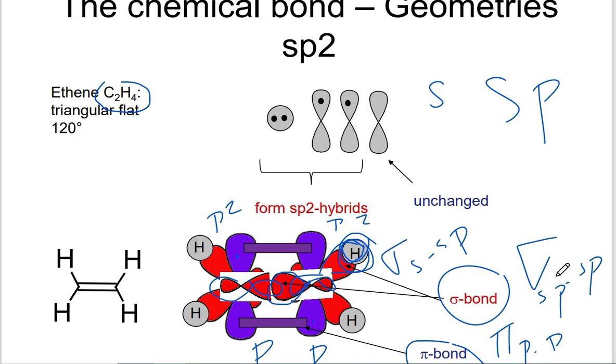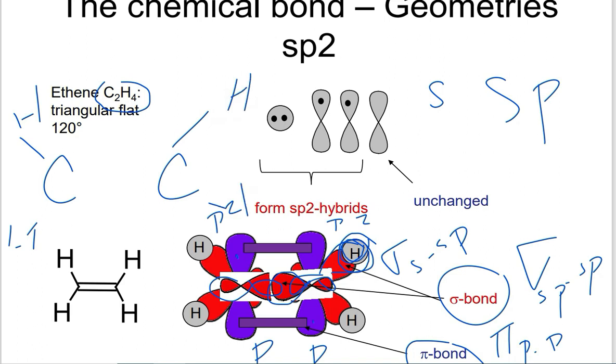So when we have a pi bond, here we have a double bond. The double bond, so if we want to draw the structure of the ethene, we have one H, as you see here, and between each other we have the sigma bond, which is the sp2 and sp2, plus we have the pi bond, which is coming from the pz of each of the carbon.